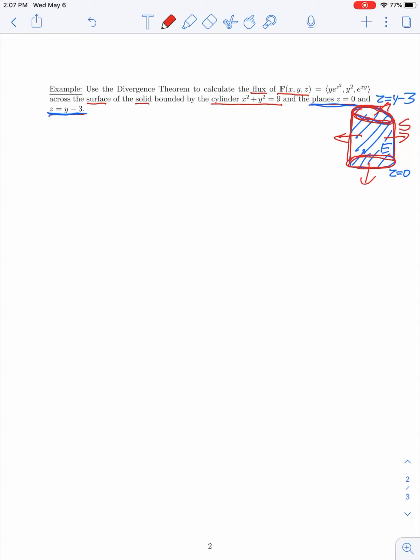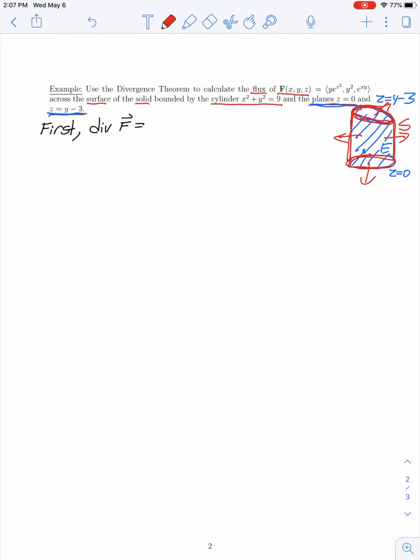But now we're told that we can make use of the divergence theorem to do this, and we see that it works out much easier. So let's look at how we would set this up. Our first step in applying the divergence theorem is to calculate the divergence of our vector field.